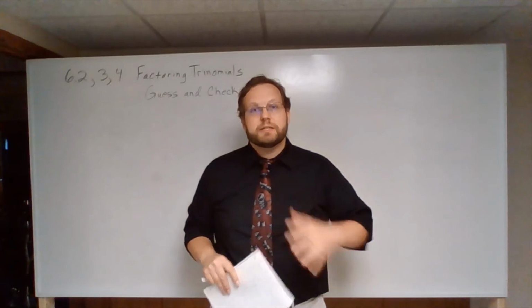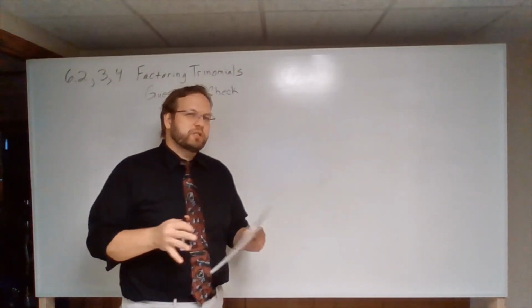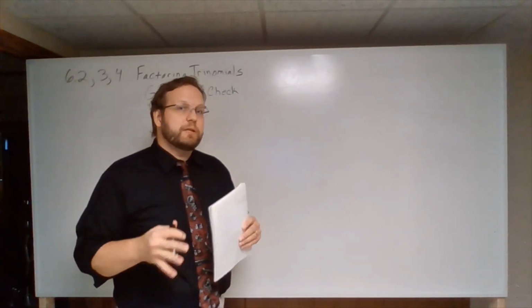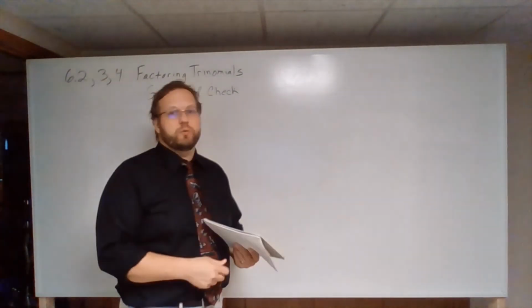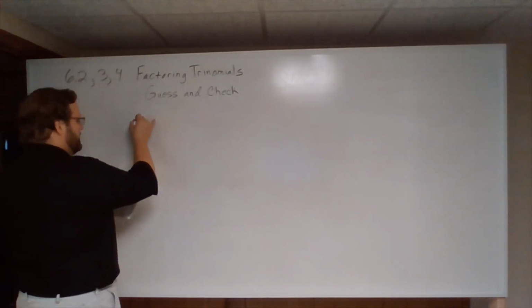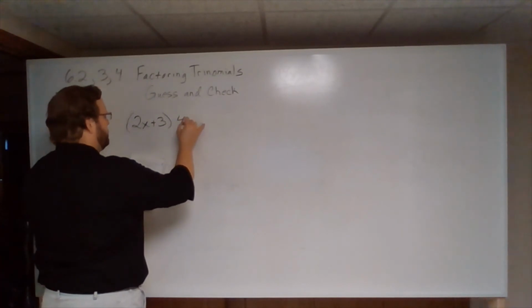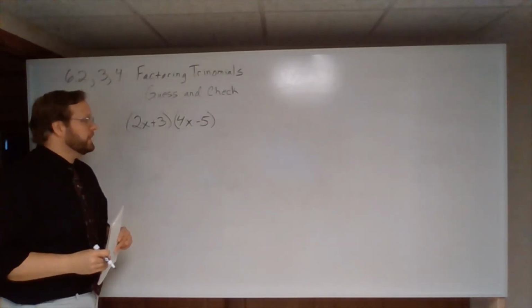Okay, now before we actually get into the factoring using guess and check, I want to review FOIL, which is just a fancy way of distributing 2 binomials. FOIL is really where the guess and check is coming from. That's what we're undoing when we're doing the factoring. So let's start out. I just want you to multiply 2x plus 3 and 4x minus 5. Okay?